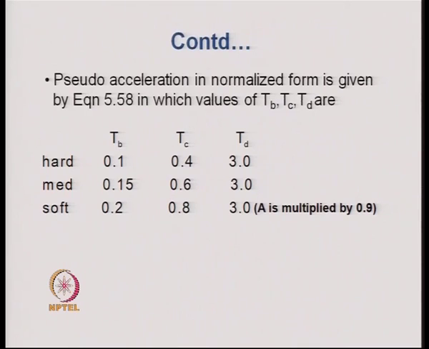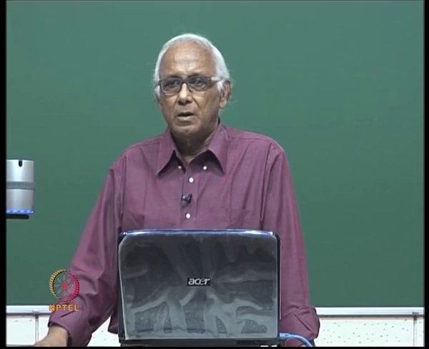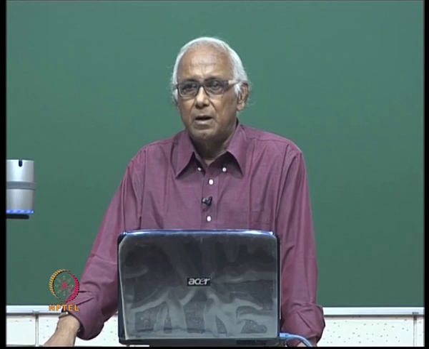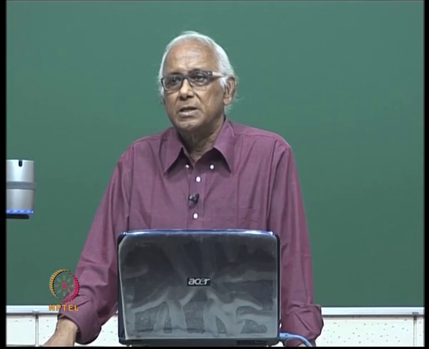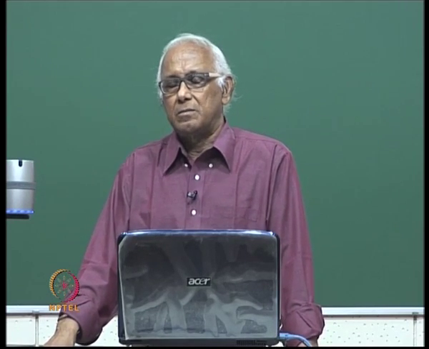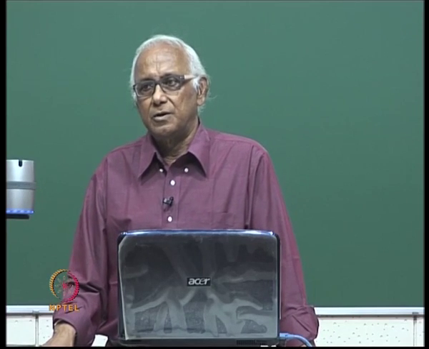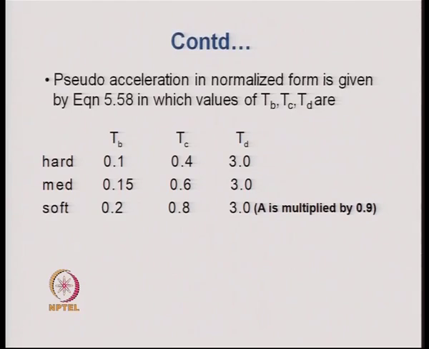Now, TB and TD are again some other periods that will be clear from the picture of SA by G, but the important thing is that these values are different for different soil conditions. Therefore, the nature of the curve that we see for the hard, medium and soft soil, they differ.